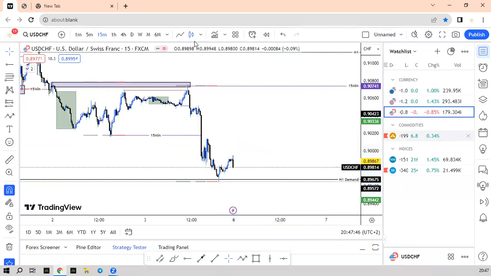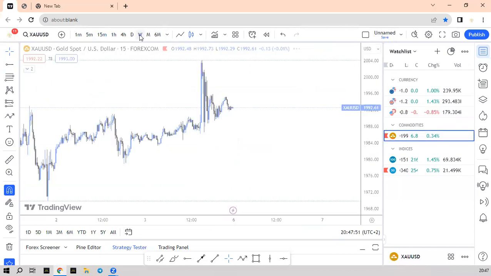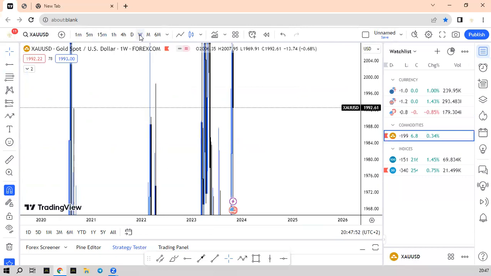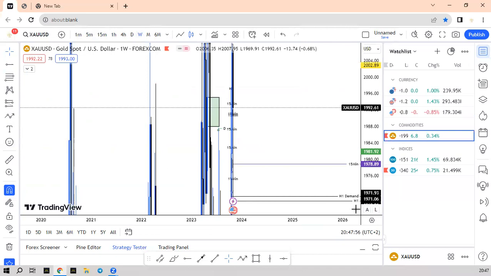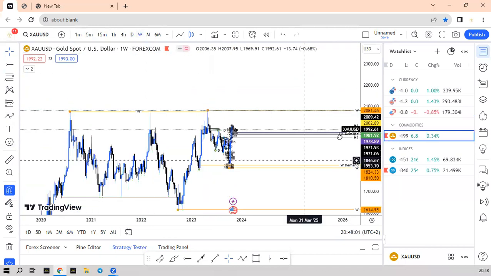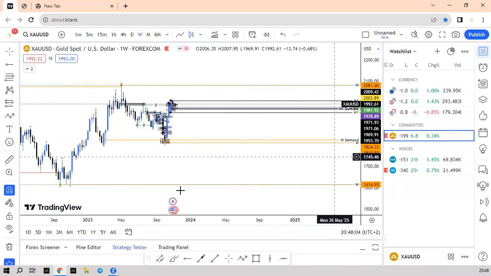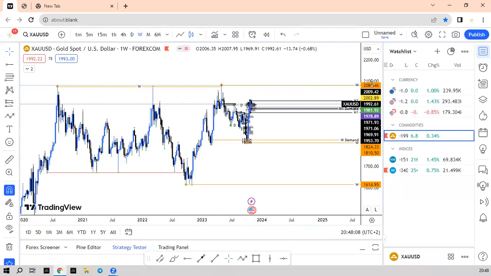So let's jump into gold. Gold, it played some tricks on me. Gold is on a move. It's definitely on a move. So what do we have on gold? We have a range now.